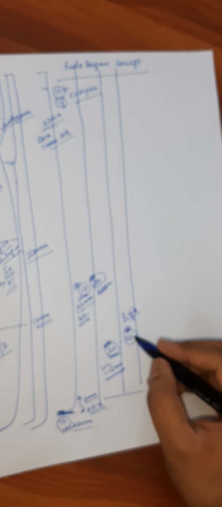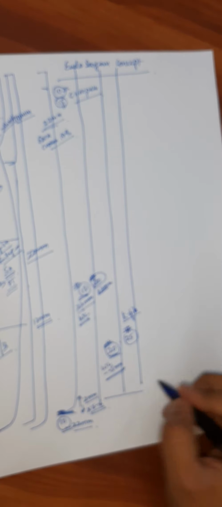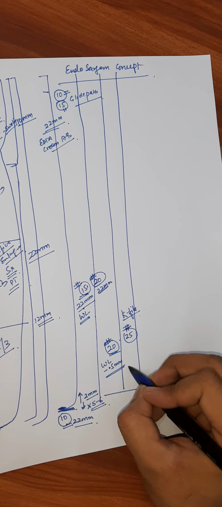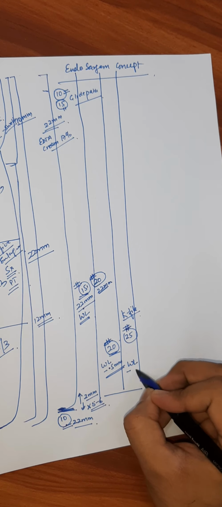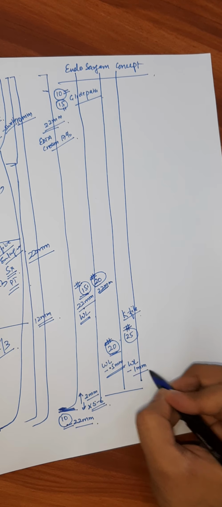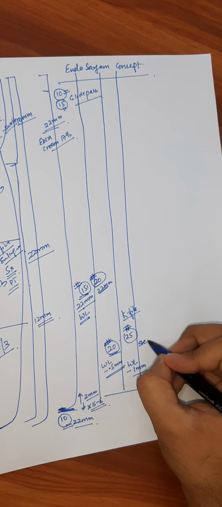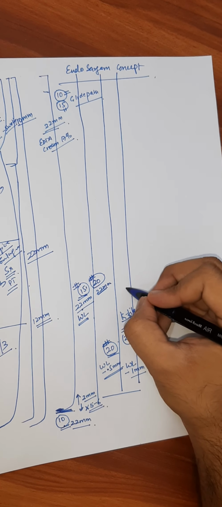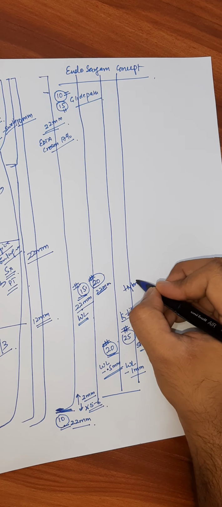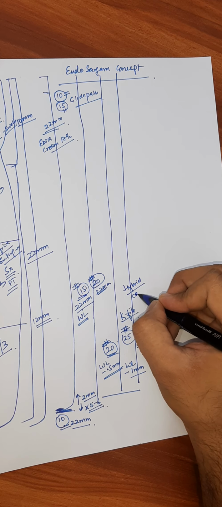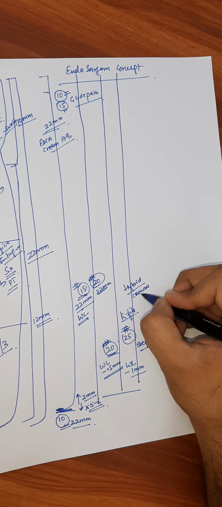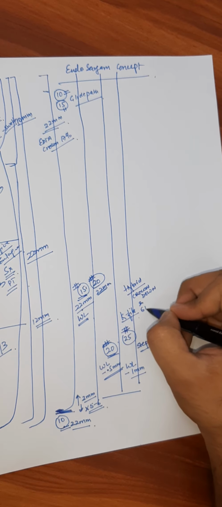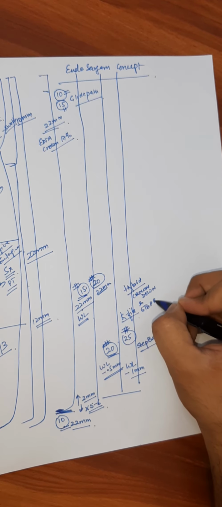You have to make sure that it has reached working length minus 1 mm. Hope everybody is aware of the step back technique, and in the initial part we have told it's a hybrid of crown down and step back technique.